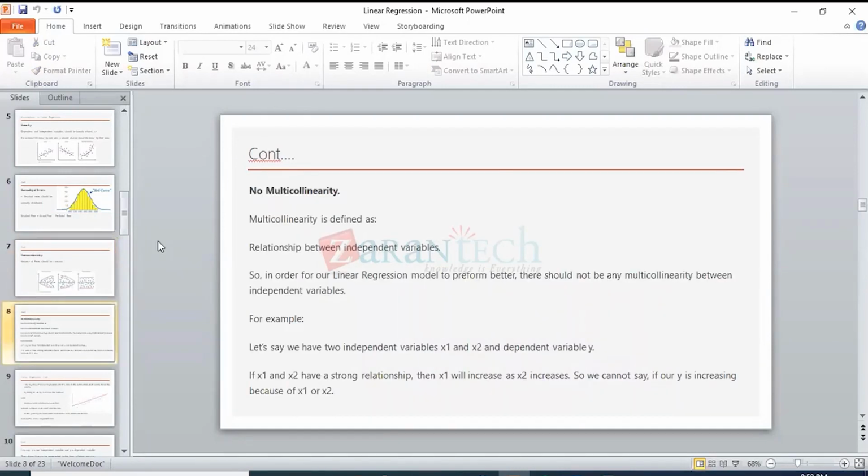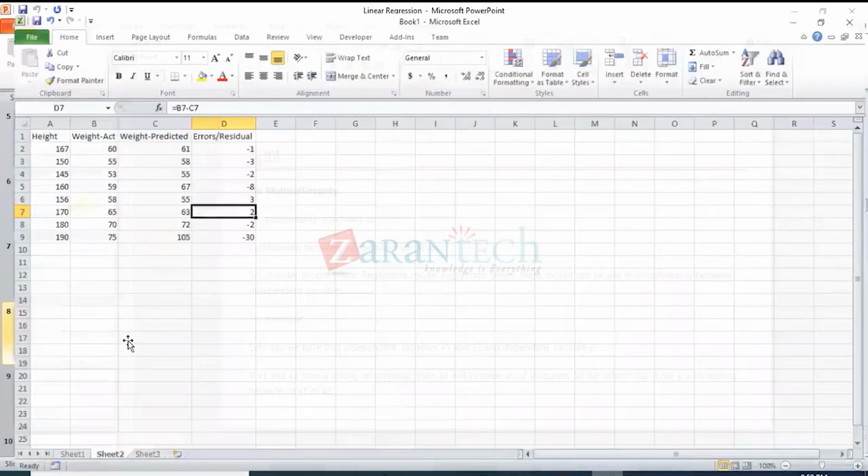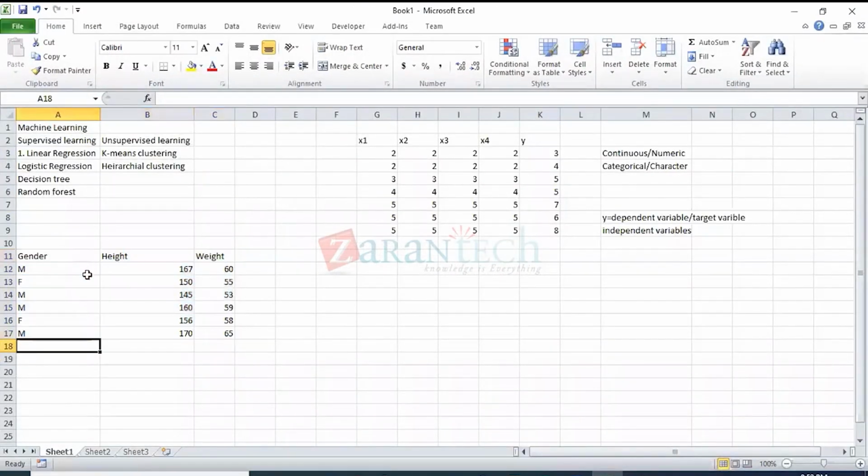So the next assumption is no multicollinearity. What do you mean by multicollinearity? Let's say I have three variables: gender, height, and weight. Gender and height are my independent variables, and weight is my dependent variable.